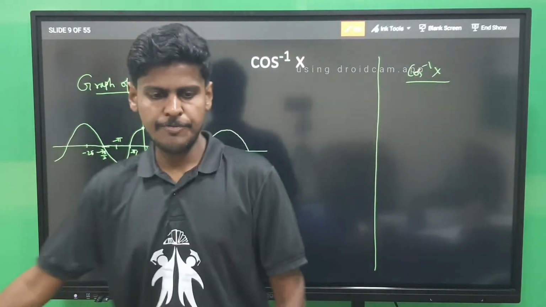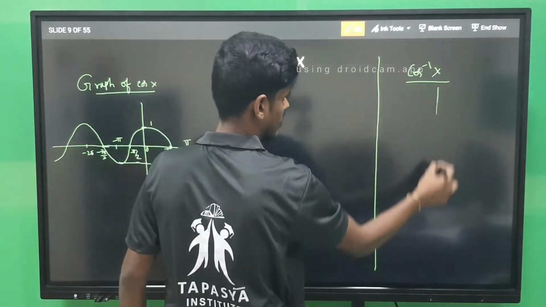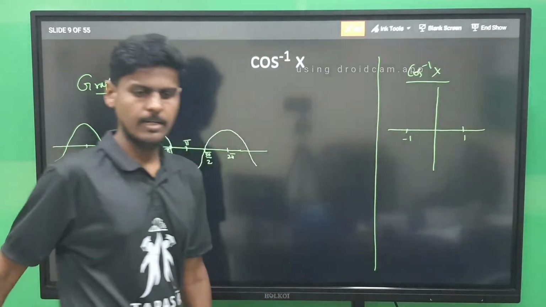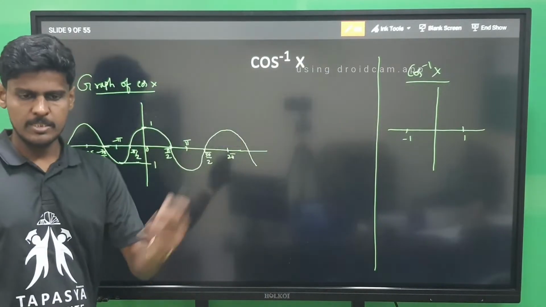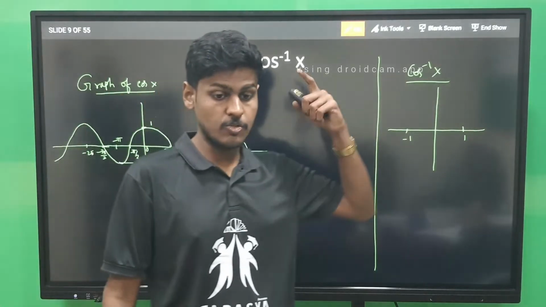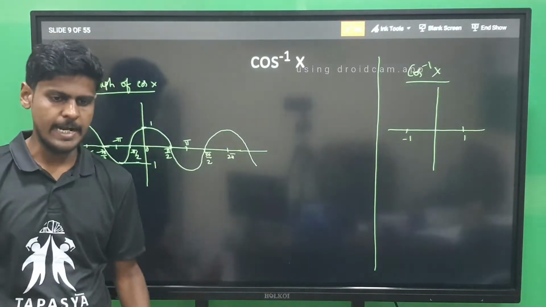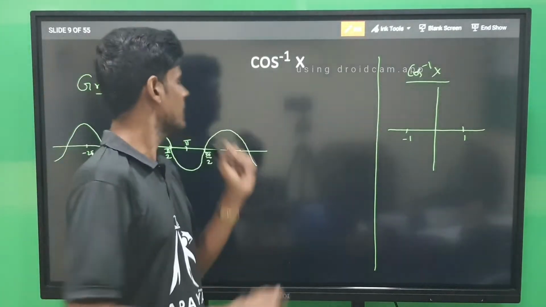How to draw the graph of cos inverse x? First we will plot the domain. Domain is between minus 1 to 1. And what is the range? We should remember the range should be equal to the codomain, and prefer the branch that has 0 in it and preferably on the positive side.